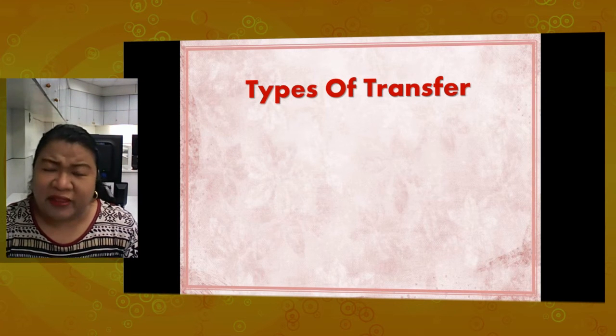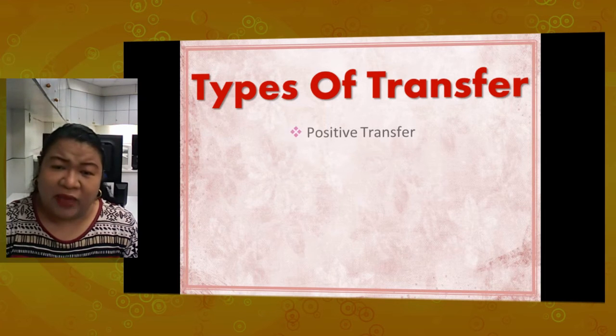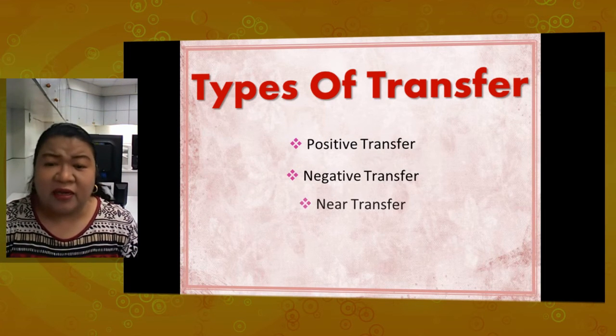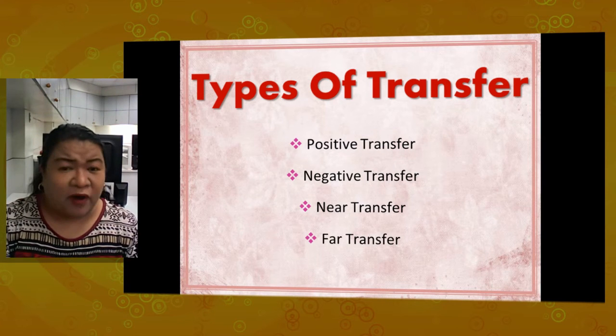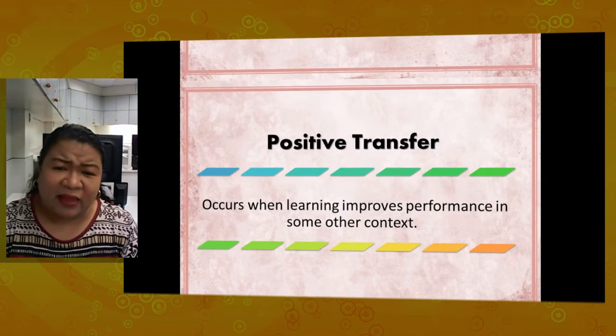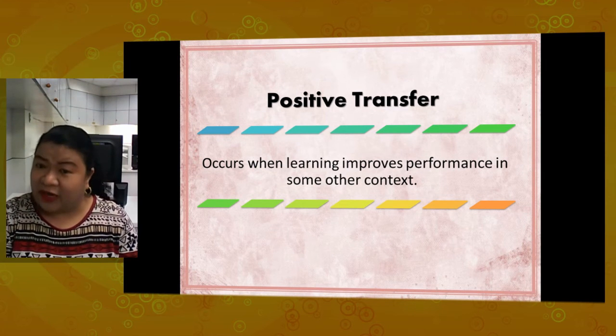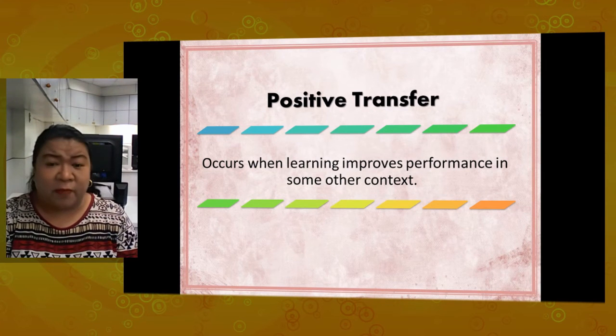So there are different types of transfer. We have the positive transfer, the negative transfer, near transfer, and far transfer. So let's take them one by one. When we say positive transfer, it occurs when learning improves performance in some other context.